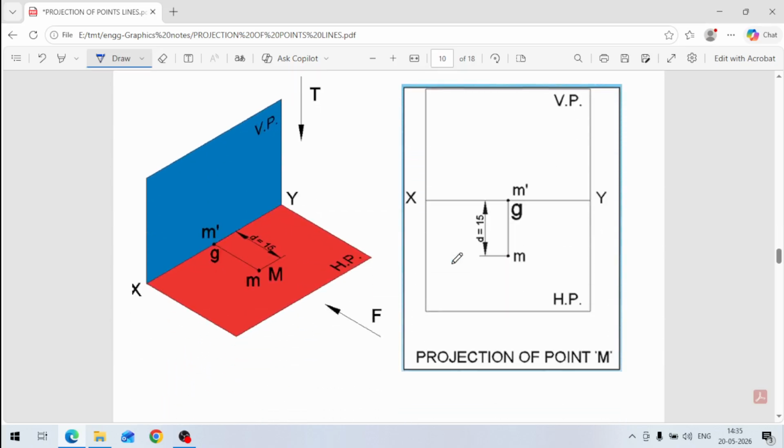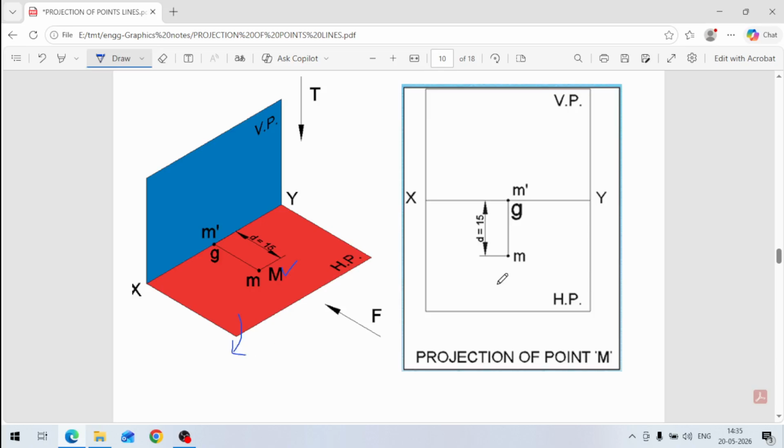Next is projection of point M. This is point M here. This distance is 15 mm, and it is in one plane only. This point is in the horizontal plane only, because the horizontal plane is tilted like this.